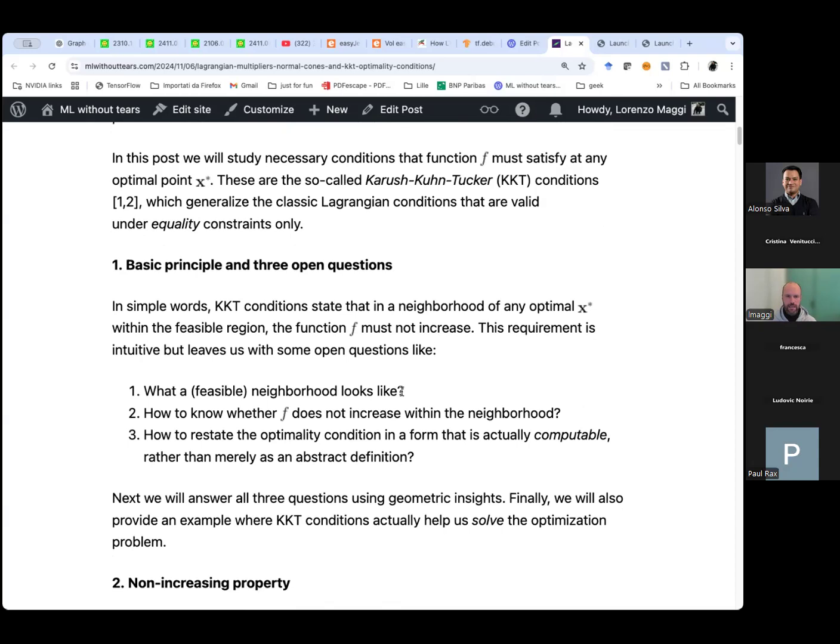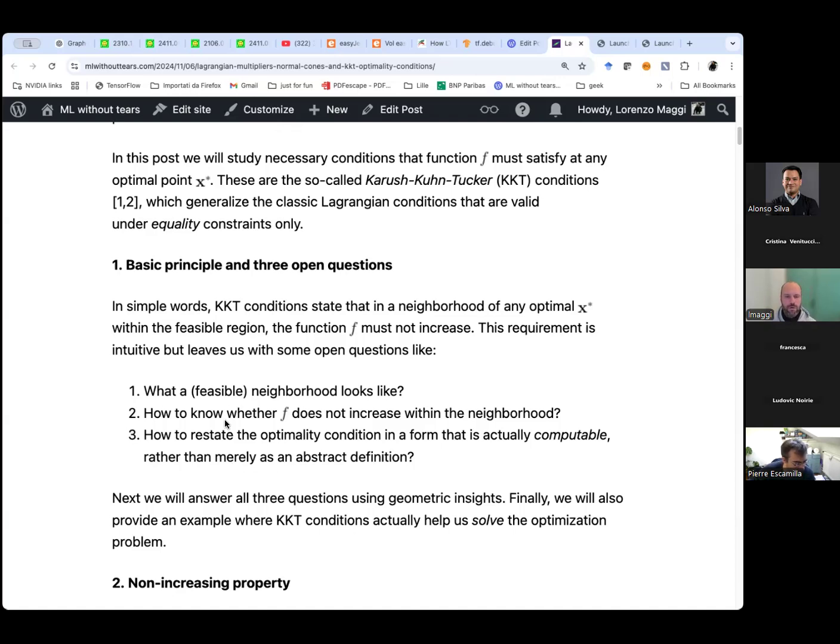We said that an optimal x star is such that within the feasible region, f must not increase. But what does it mean to stay in the feasible region around x star? Also, how do we know from just looking at the function f whether it does increase or not within the neighborhood? Here you may already realize that it has something to do with the gradient.